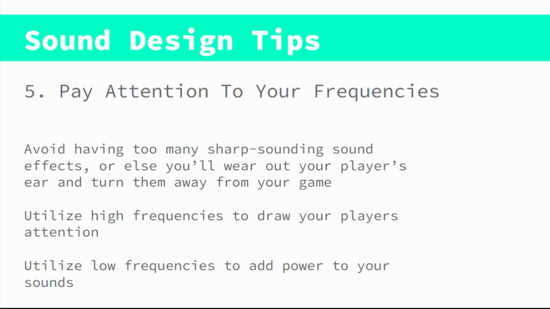Using high frequencies occasionally to draw players' attention is fantastic. A good example of this is with a player attack sound, say a sword. You don't want to emphasize a ton of the high frequency metallic layers, you want to emphasize the movement of it as it whooshes through the air, and just generally make it as easy on the ears as possible. This is because the player will hear this sound a ton throughout your game.